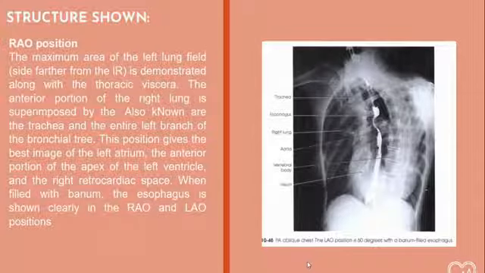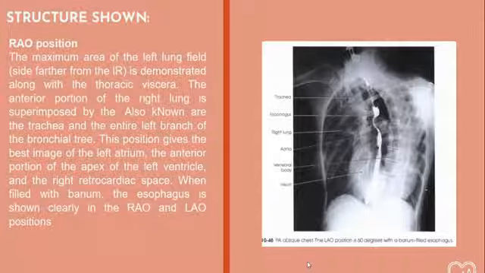Then the RAO position shows the maximum area of the left lung field, which is the side farther from the IR, demonstrated along the thoracic viscera. The anterior portion of the right lung is superimposed by the spine, also known as the trachea, and the entire left branch of the bronchial tree.